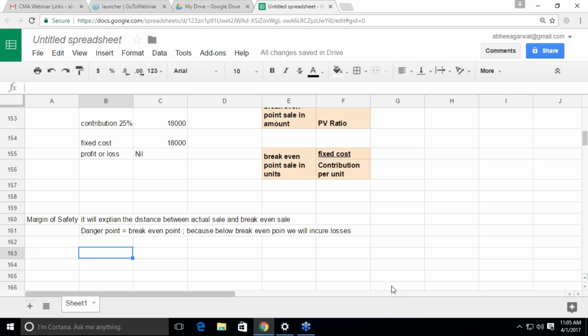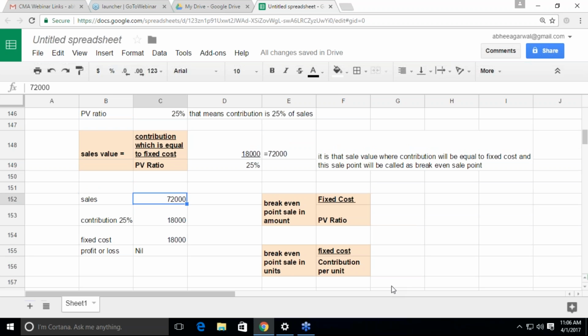So the formula of margin of safety is: margin of safety is equal to actual sale minus break-even point sale. Actual sale minus break-even point sale.